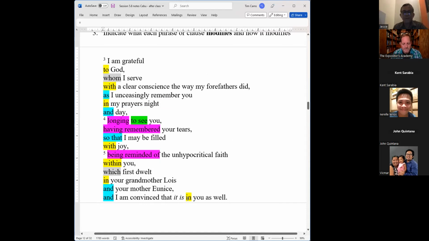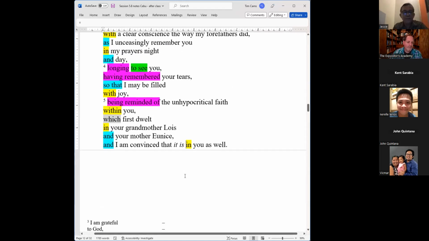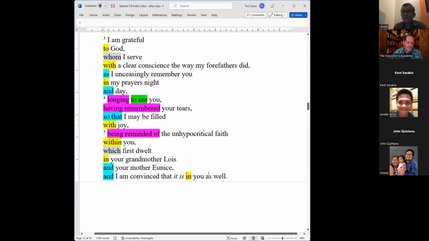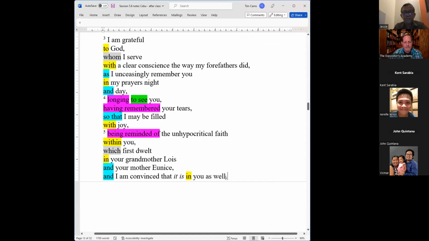I usually will leave it in one line like that. As Pastor Tim says, it's not a conjunction, not in this case, because as well means also. One way to say it is also, or too. That it is in you also, or also in you.